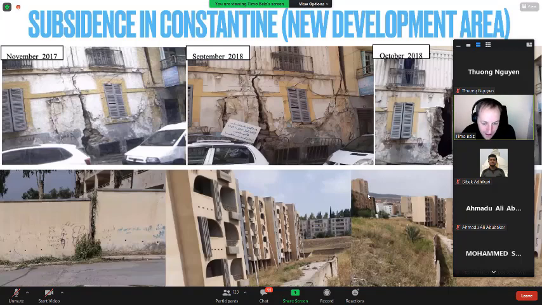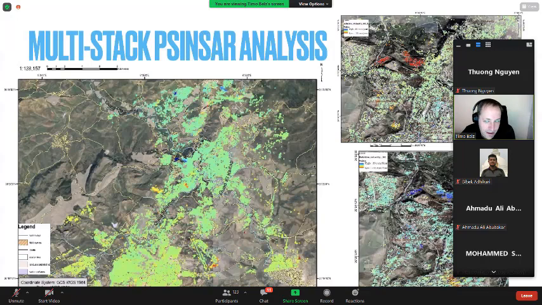And you see here tilting new buildings with very strong subsidence. We can measure that. Here also in that example, we did the multi-stack analysis. We did ascending and descending analysis to cover both directions and measure that.